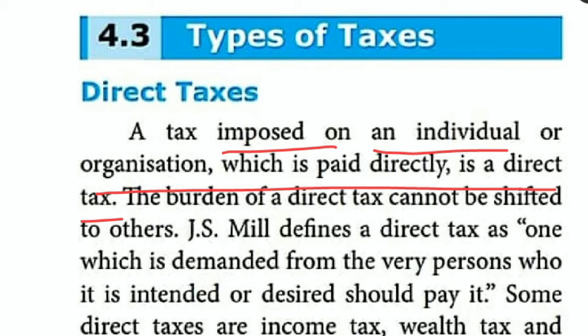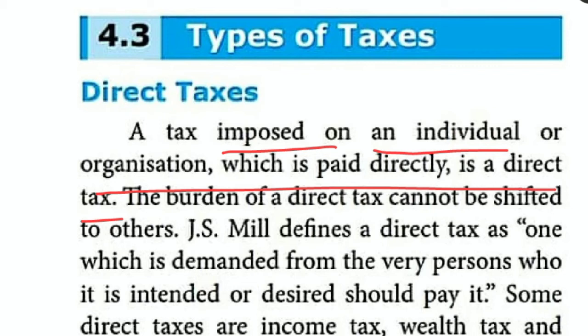A tax imposed or levied on an individual, a separate person, each and every person, or a factory or an organization, which is paid directly, that is called direct tax. The burden of a direct tax cannot be shifted to others. The particular person only has to pay the taxes. This is called direct tax.